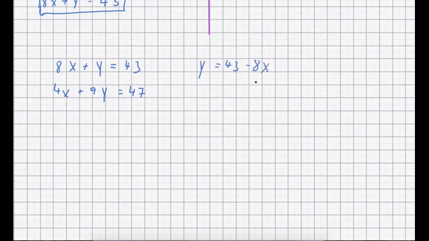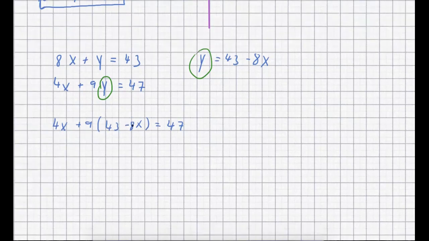Then you take this y and you put it here. So you have 4x plus 9, and then you write the new y that you have here. Literally it equals y. You have y here, you have y here. 43 minus 8x is y. So you have 9y, then you're saying that y is literally 43 minus 8x. You understood it 100%.